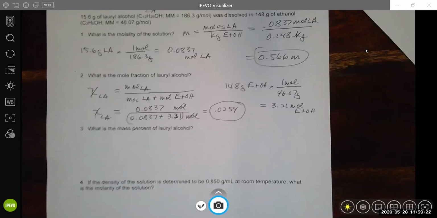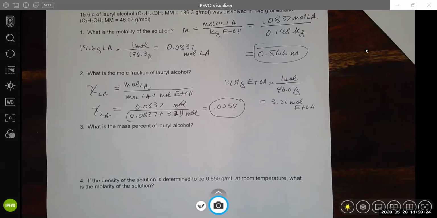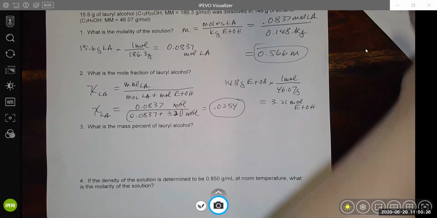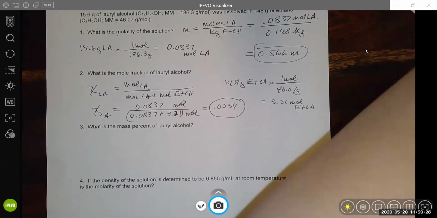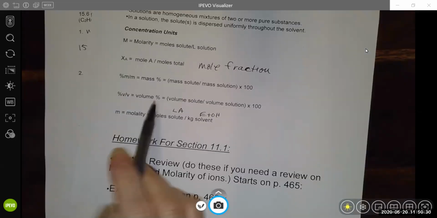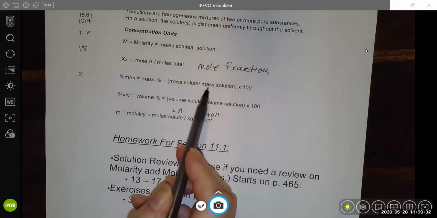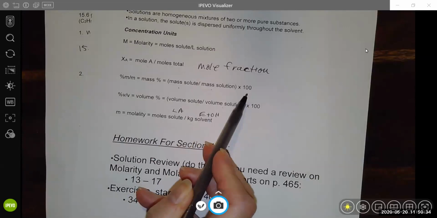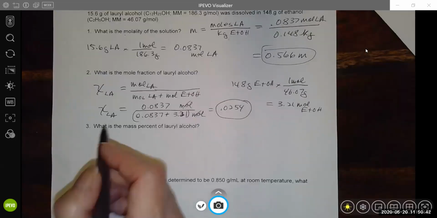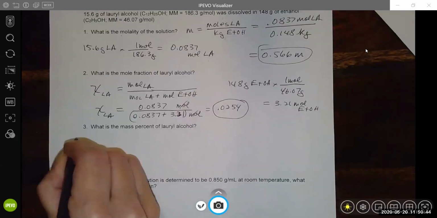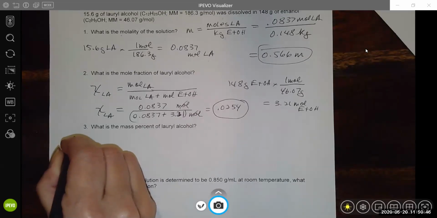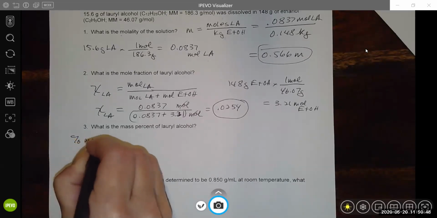Mass percent of lauryl alcohol, that's pretty easy when you have mass data. Mass percent is going to be my mass of solute divided by mass of solution times 100. Oops, my screen froze. Give it a second to catch up. Okay, so you can write percent by mass or mass over mass.